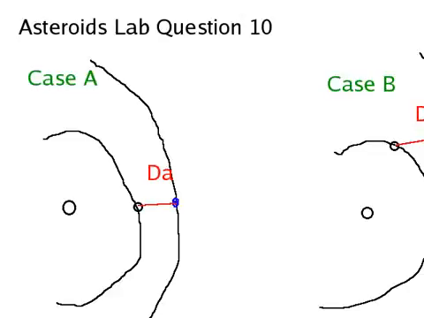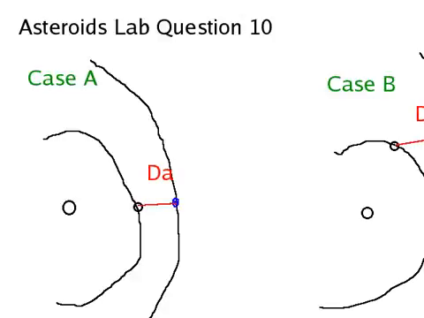Well, the distance from the asteroid for case A is about 3 meters. 3 centimeters? Oh, yes. Okay. Well, what do you get for case B?